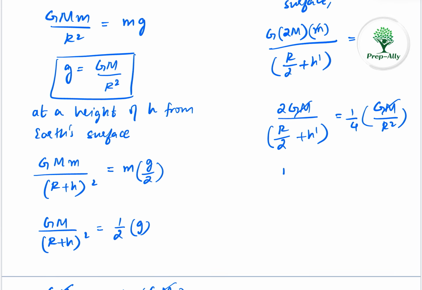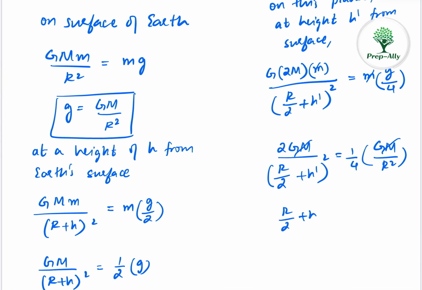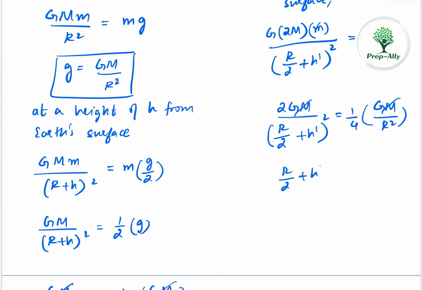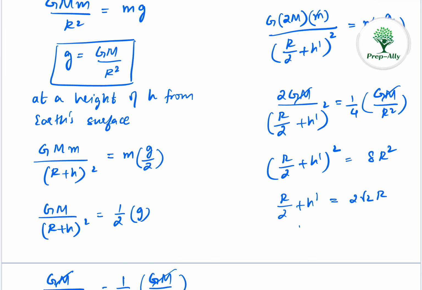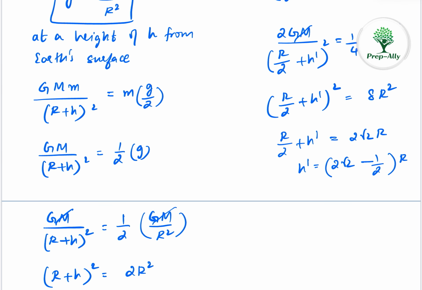So if we cross multiply, we get r by 2 plus h dash. There's a square term here because of gravitational law. This is going to be 4 2s are 8 r square. So if we take square root on both sides, we get r by 2 plus h dash is root 8, which is 2 root 2, and r will come here. We get h dash is 2 root 2 minus 1 by 2 into r.